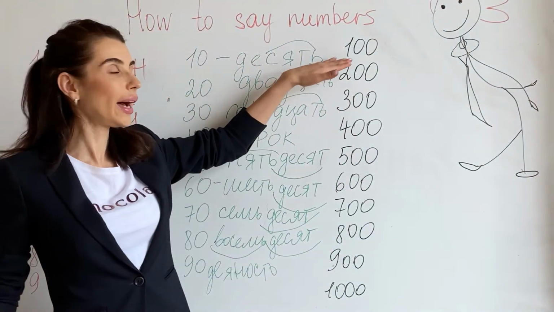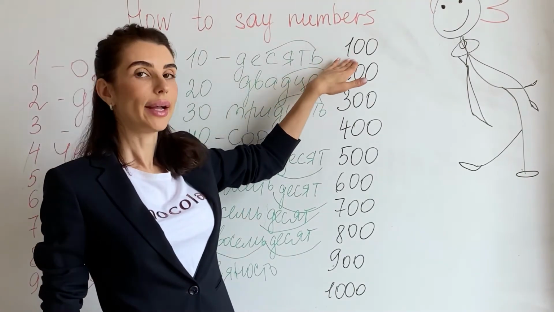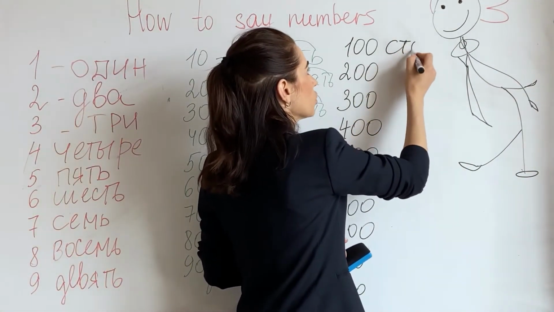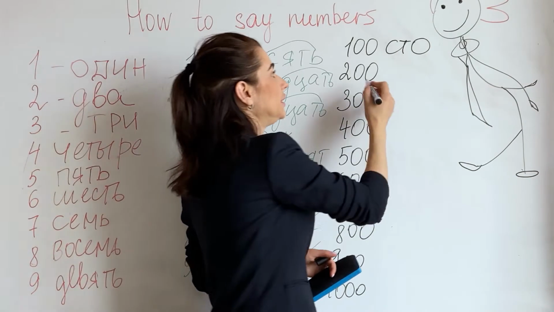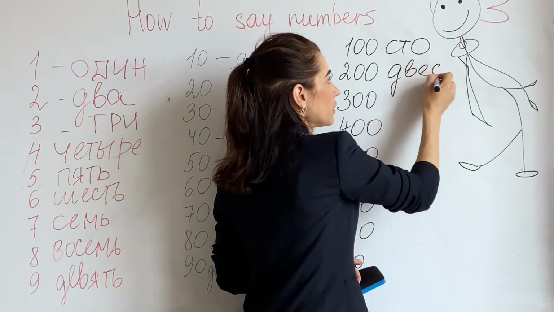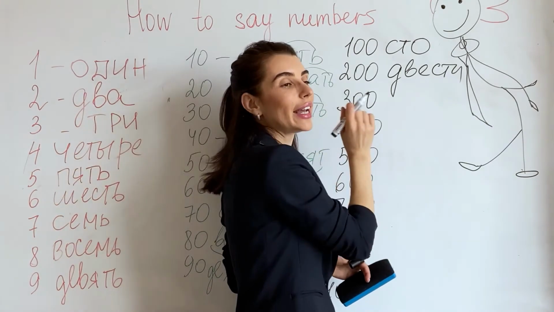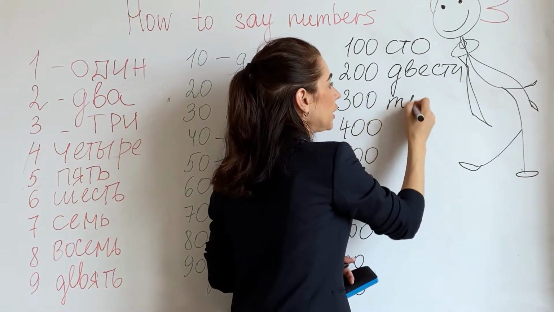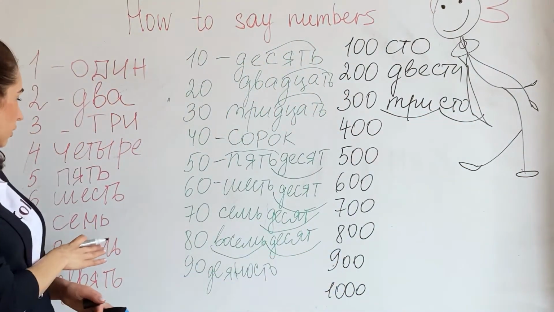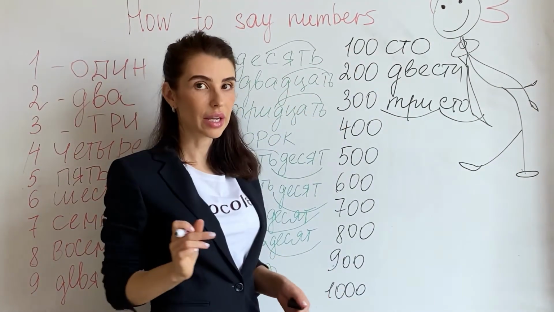So 100, 200, 3, 4, 5, etc. So 100. 200. 300. Do you understand? Easy.